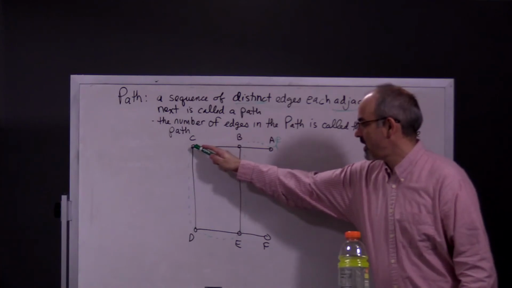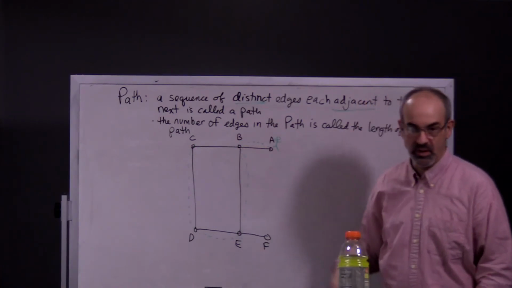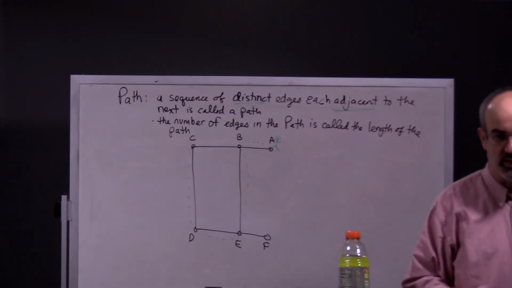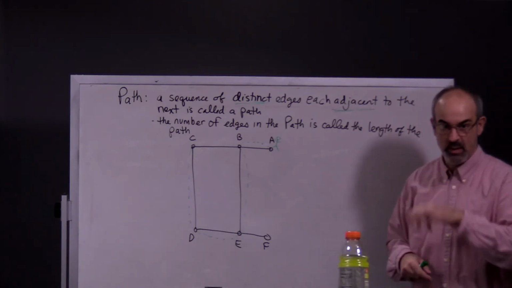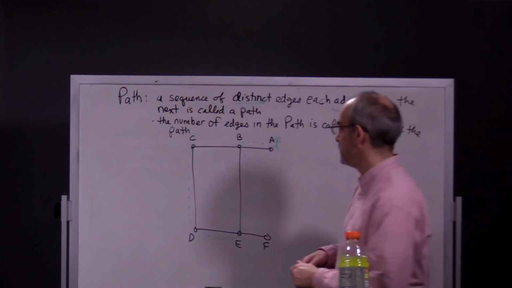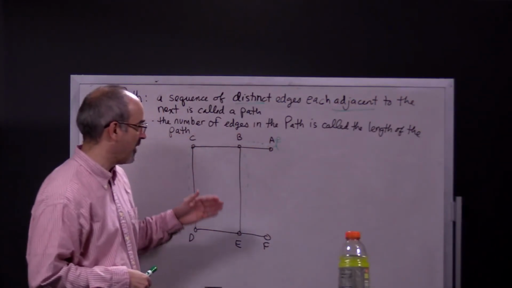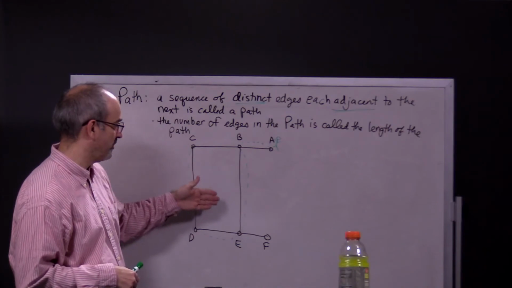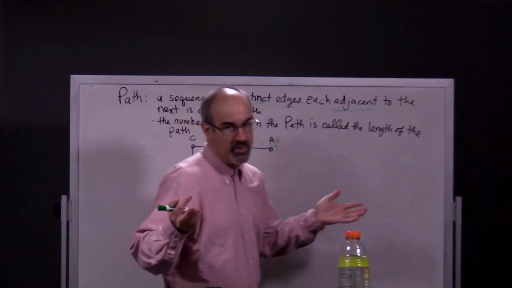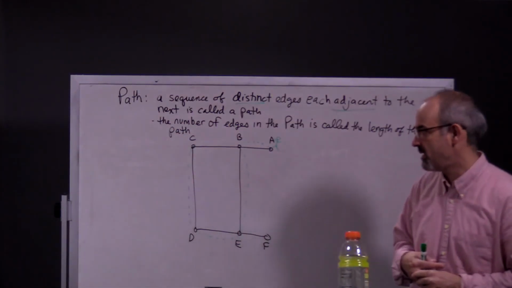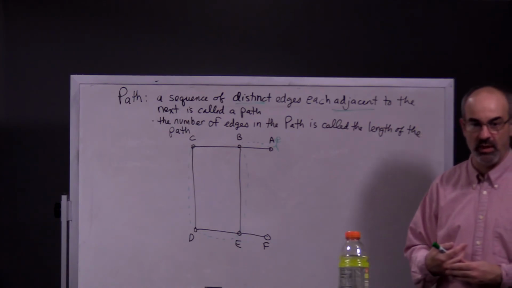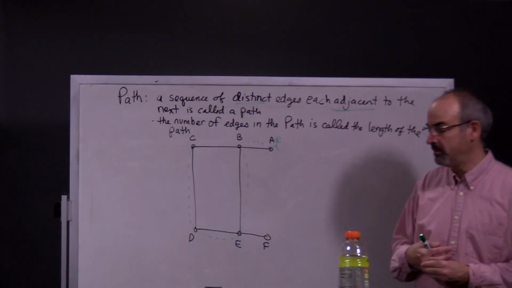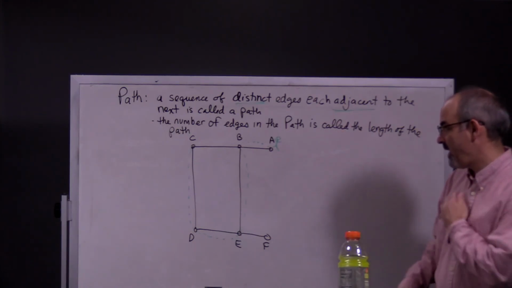So you can't just say, well, then C to B, because you can only travel on each edge once. There isn't a path of length like 20, let's say. But you can find one of length 1, obviously 2, 3, 4. I just found one of 4. So that's what a path is.